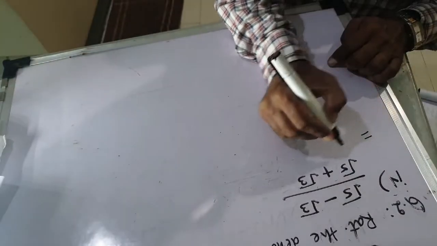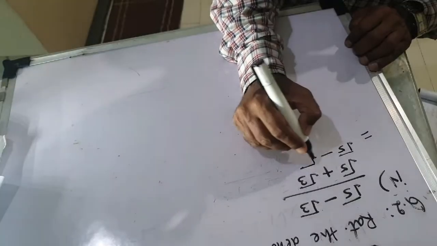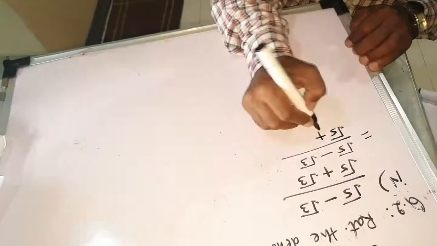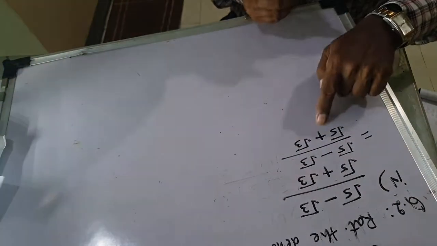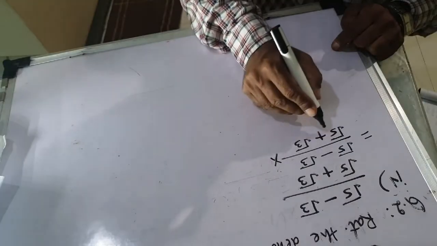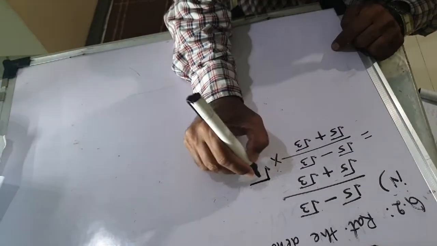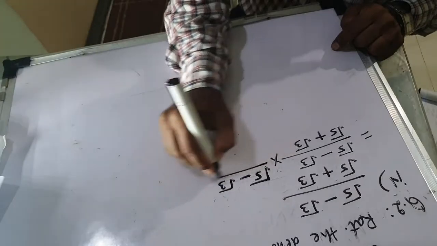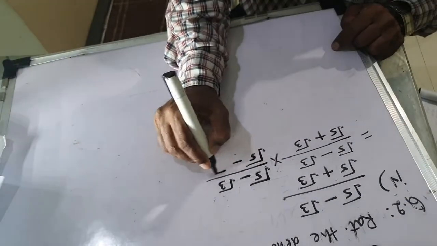So that is equal to root 5 minus root 3 upon root 5 plus root 3. I have to find the conjugate of the denominator, and the denominator's conjugate will be, change the sign in between, so root 5 minus root 3 is the conjugate of that denominator. Multiply and divide by the same, root 5 minus root 3.